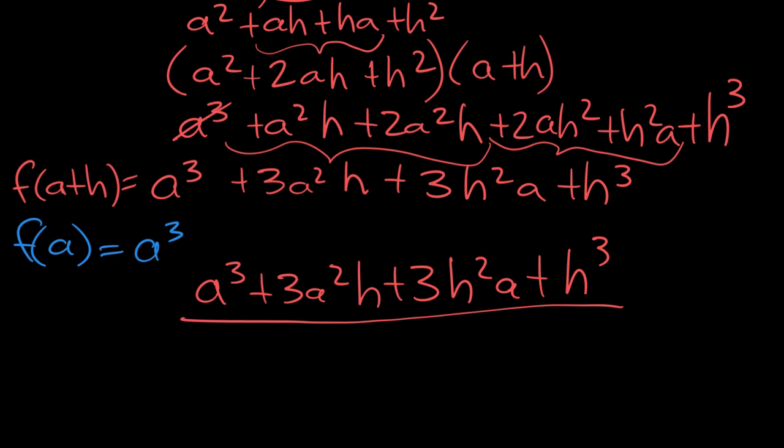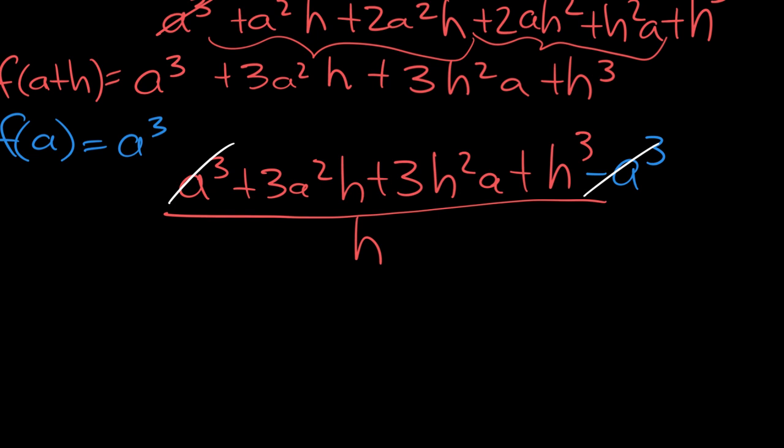Oh, and then minus a to the third, because that's f of a, all over h. So what I see is I can cancel these out. And then I'm going to factor out an h.